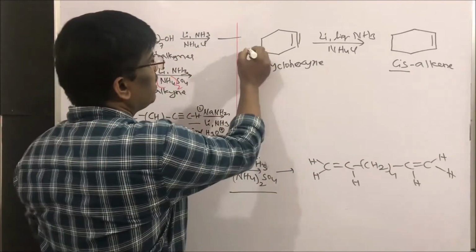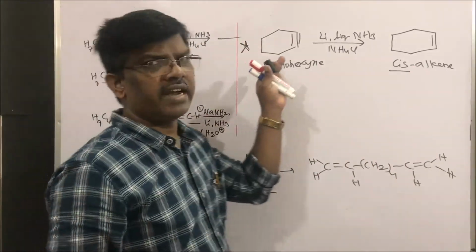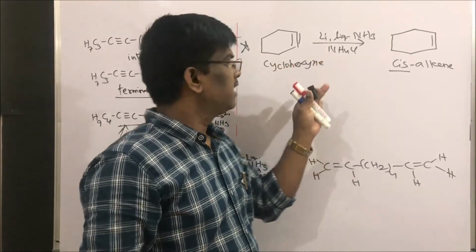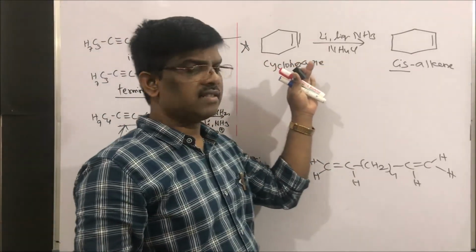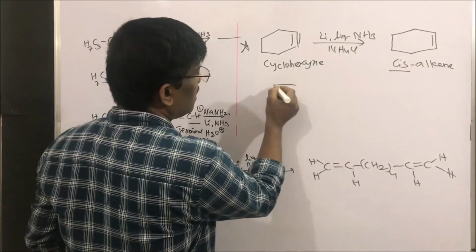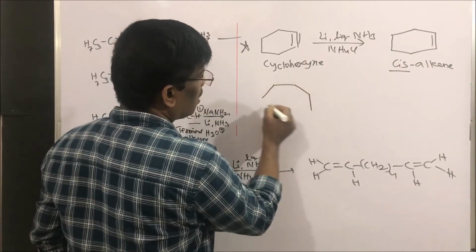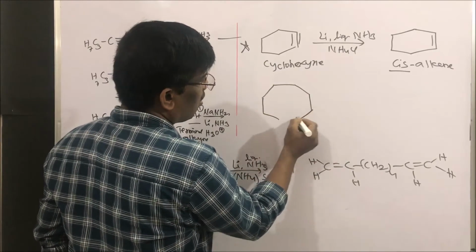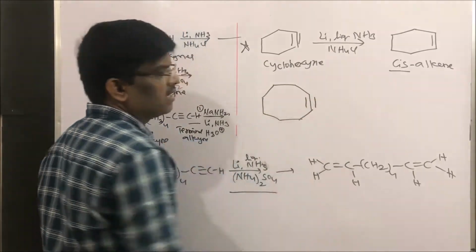This is very important, students, so don't try to write the trans alkene. Whenever you see cyclohexane, it gives the cis alkene. In the similar manner, when you see octane, this is octane, right?